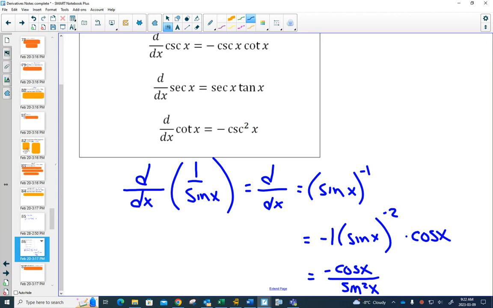If I wanted to rearrange that, I could rearrange that by having a negative. I could have a 1 over sine x and a cos x over sine x. So I would get a negative cosecant x cotangent x.